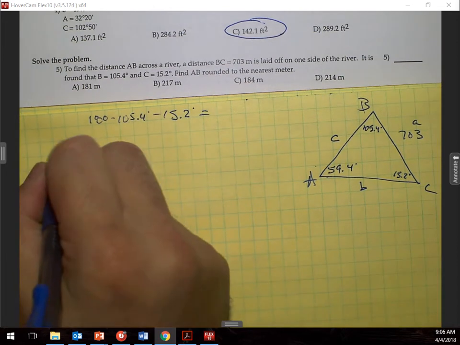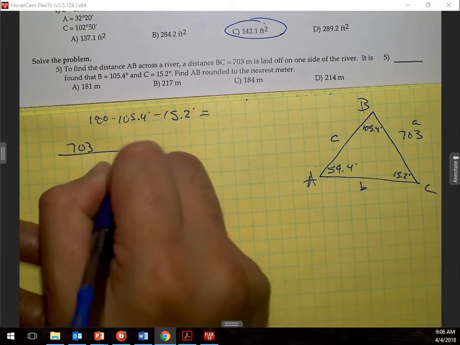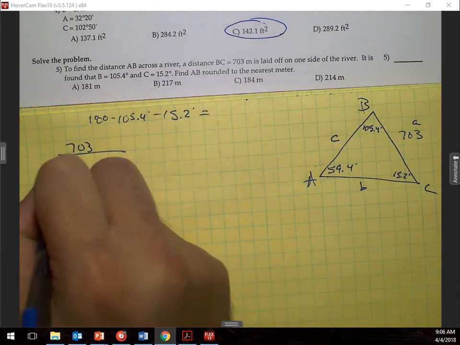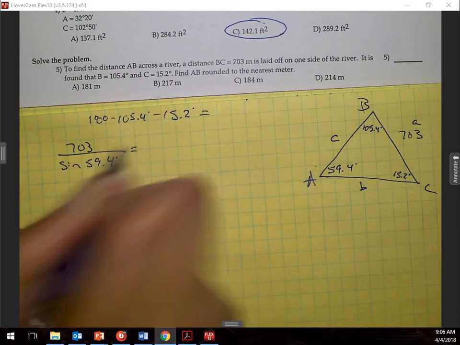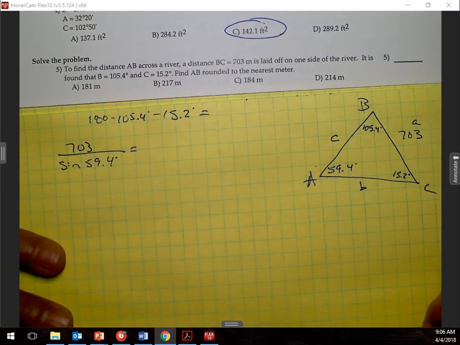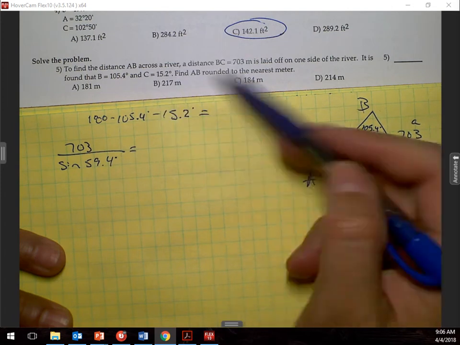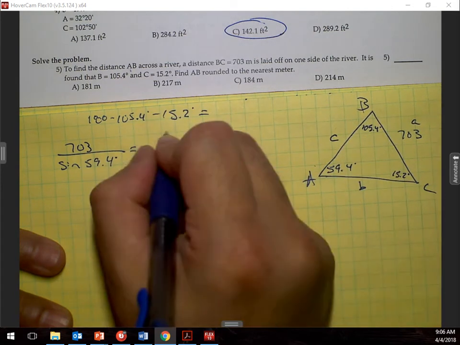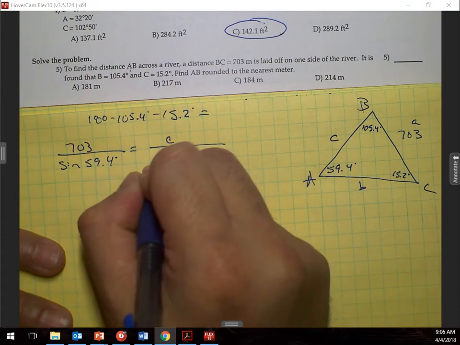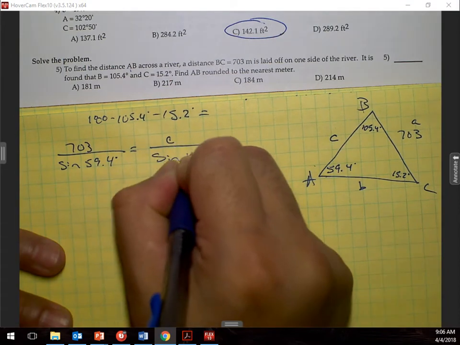Now I can use law of sine. 703 over sine of 59.4 is equal to little c over sine of 15.2, since we're trying to find AB.